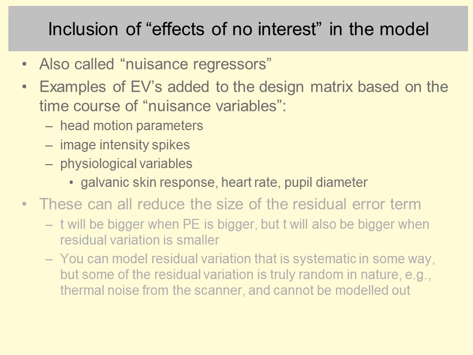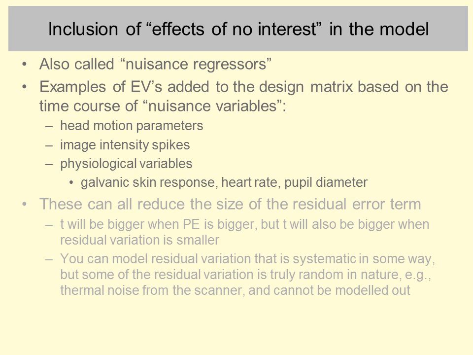These are things that might actually vary due to your experimental stimuli, or perhaps just vary due to what happens when someone lies in a scanner for half an hour to an hour and gets sleepy. So those sort of variables, if included as regressors to model effects of no interest in the model, can sometimes be helpful.